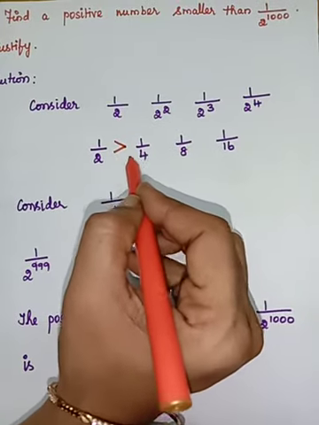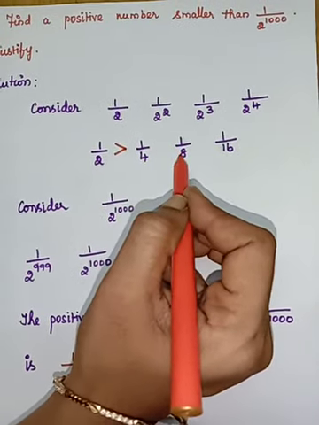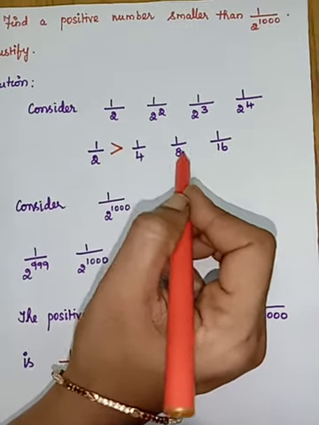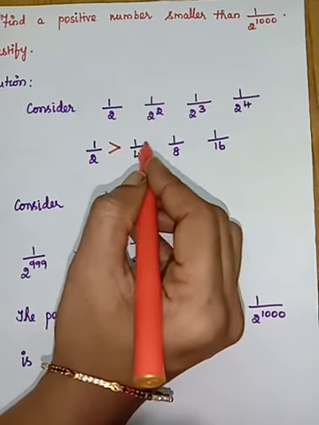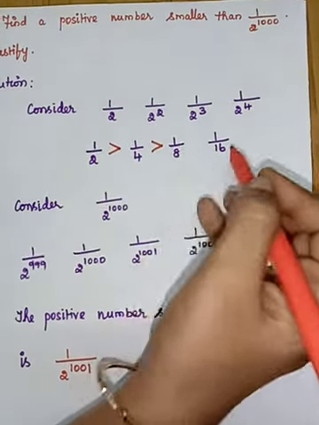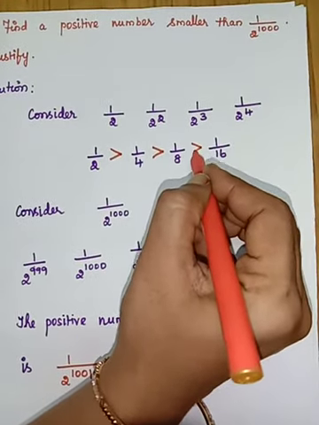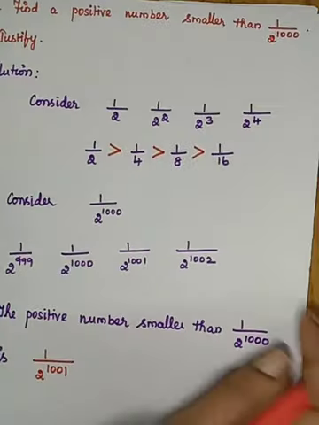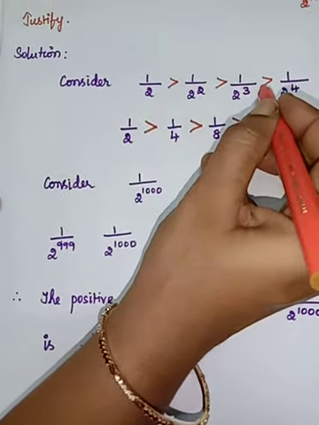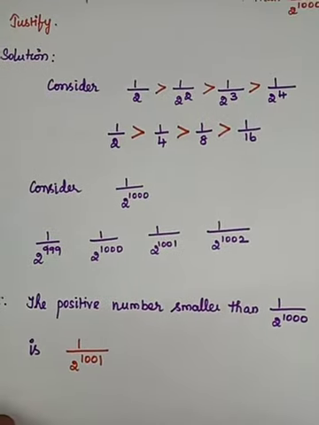If the denominator is going bigger, the whole number is going smaller. So, 1 by 4 is greater than 1 by 8. In the same way, 1 by 8 is greater than 1 by 16. The same symbol you have to write. Okay, so I have completed the example.